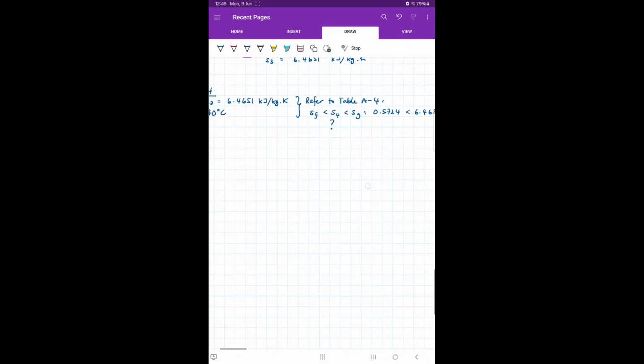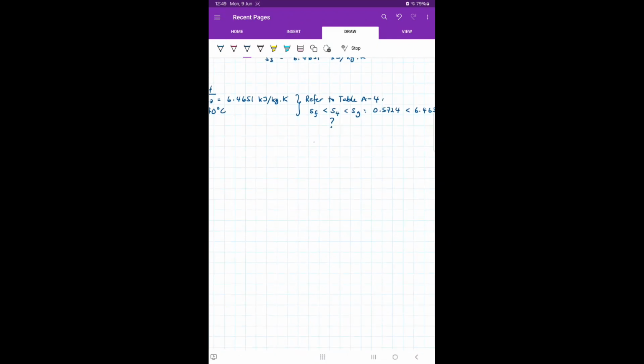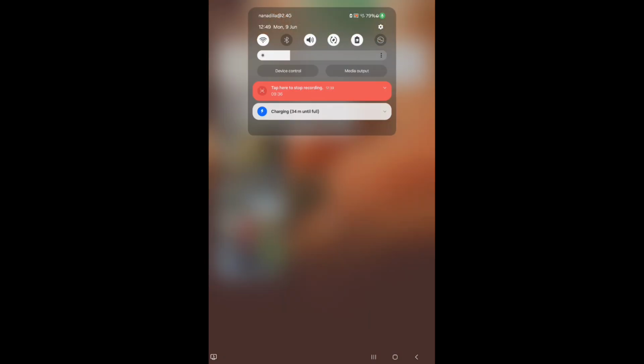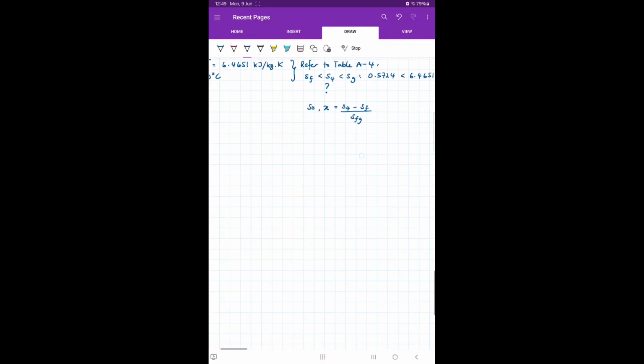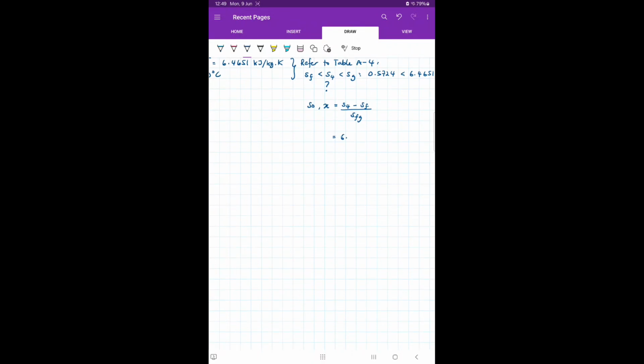If it is a saturated liquid vapor mixture, it means we have quality. So the quality of our state 4 is equal to (S4 minus SF) over SFG, which is 6.4651 minus 0.5724, divided by 7.6832.